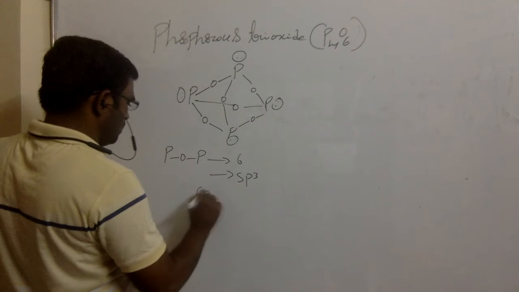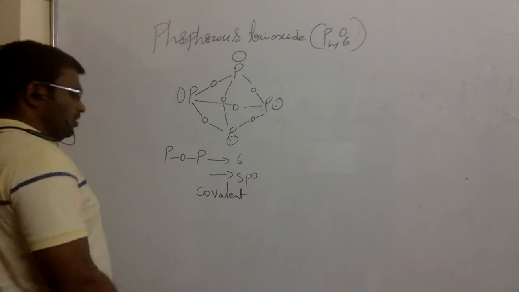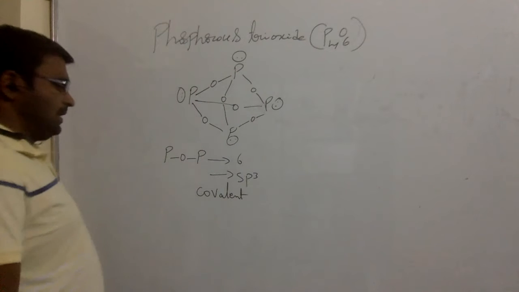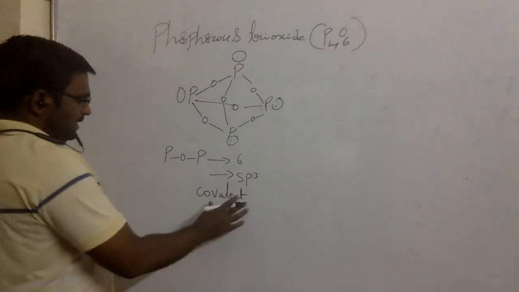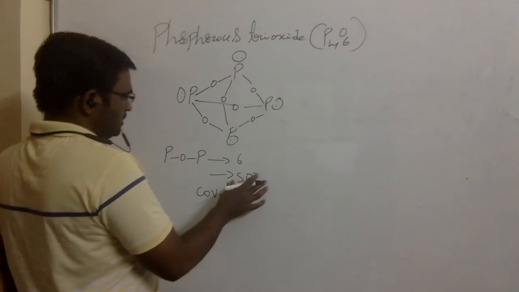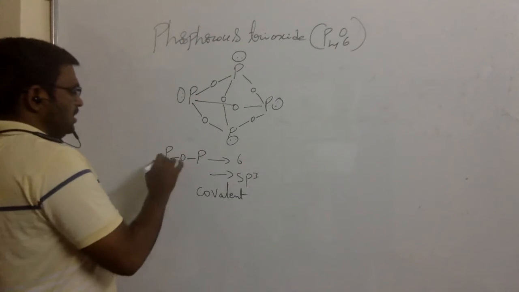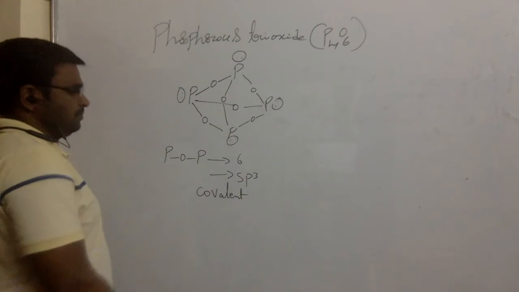No doubt all are covalent bonds, because all bonds are formed by sharing of electrons. All are covalent bonds, the hybridization of phosphorus is sp3, and the number of P-O-P bonds is 6.